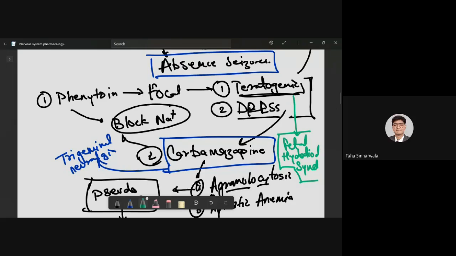I'm sorry, I wasn't able to hear you. Your voice was very muffled. Yes, actually, I'm saying fetal hydantoin syndrome is presented with the cleft lip and palate and facial dysmorphism or some other abnormalities. Oh no, so it's a collection of things together.